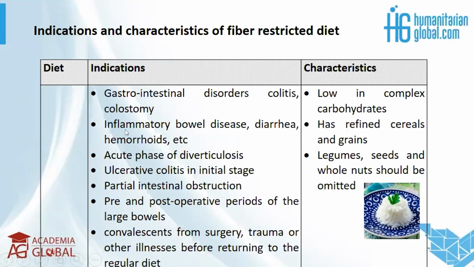From the word here, you can see it's inflammatory, meaning that part of the GIT has been inflamed, so it is not okay. Diseases like diarrhea, like hemorrhoids, acute phase of diverticulosis.